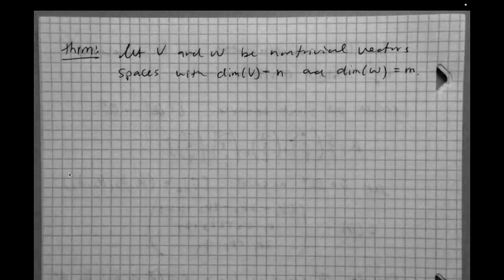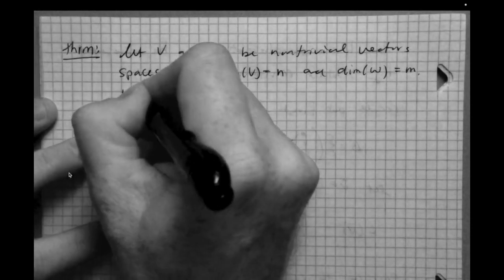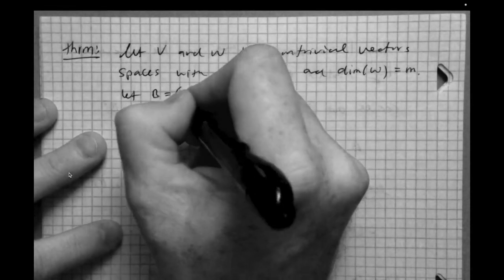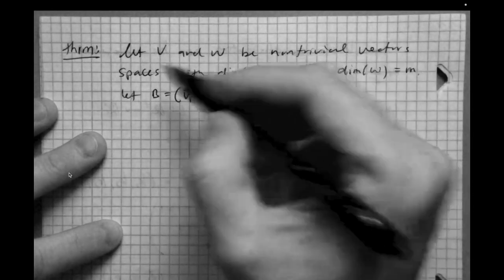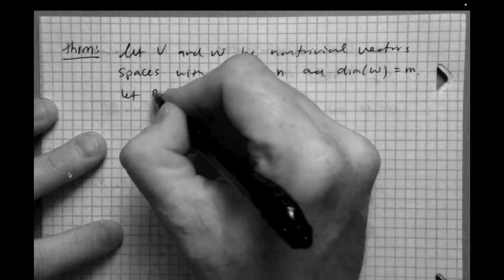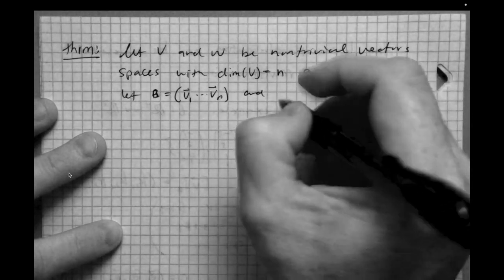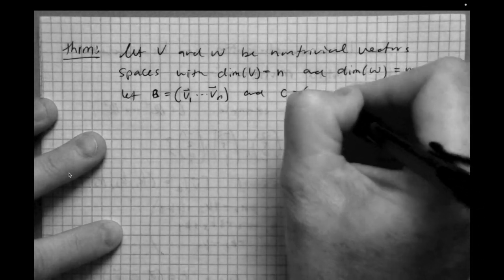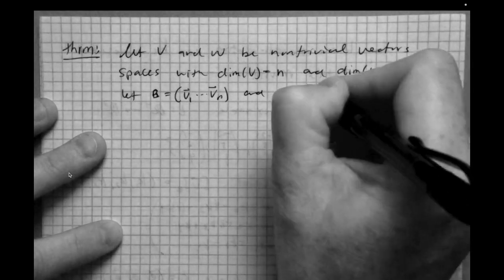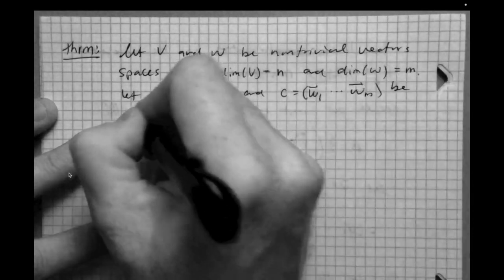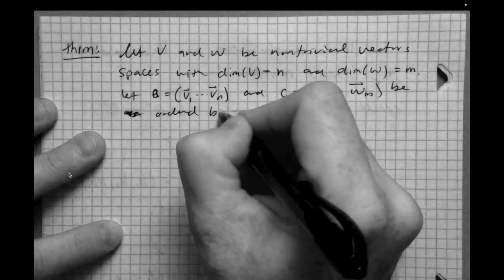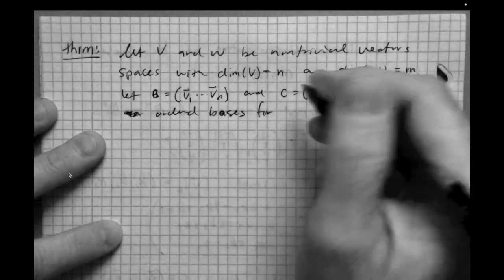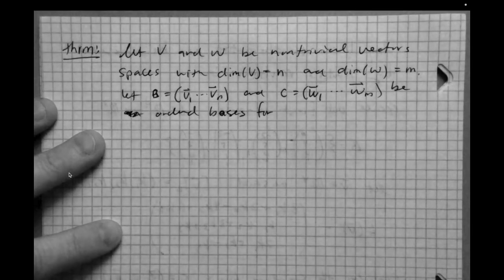So you've got n-dimensional and m-dimensional non-trivial vector spaces. We're going to let B equal V1 through Vn be an ordered basis for V, and we're going to let C equal W1 through Wm be an ordered basis. So B and C are ordered bases for V and W respectively.